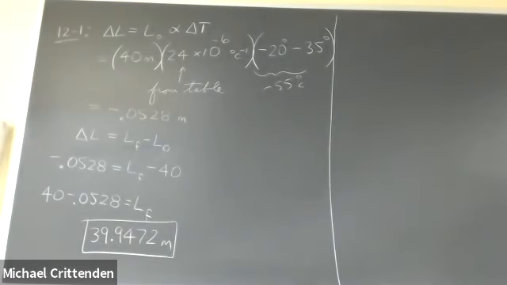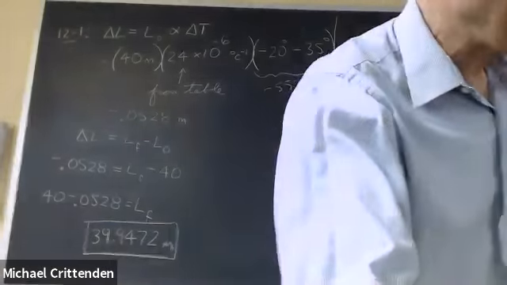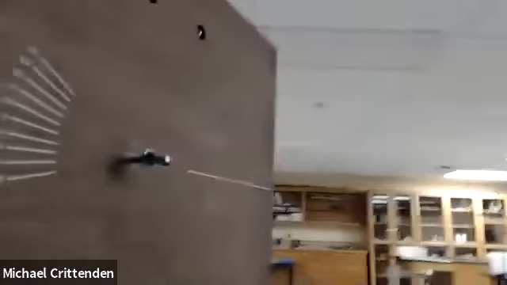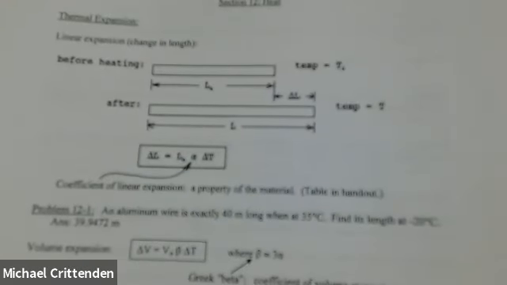Well, sometimes you don't care about the length of something. Sometimes it's volume that matters. For example, if you've got some gasoline in a storage tank, nobody ever talks about the length of a piece of gasoline.